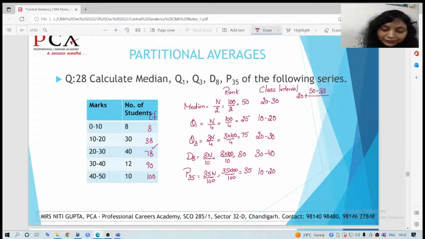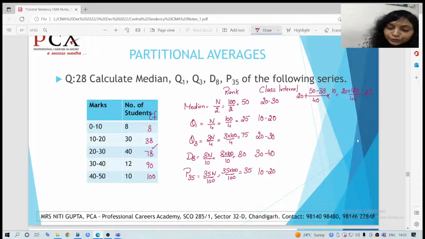Frequency of the 20 to 30 class is 40. And because all the class intervals are the same, the class interval is 10. So we get 20 plus (50 minus 38 = 12) into 10 upon 40. So our median is 23.